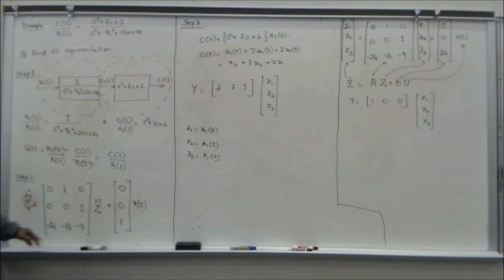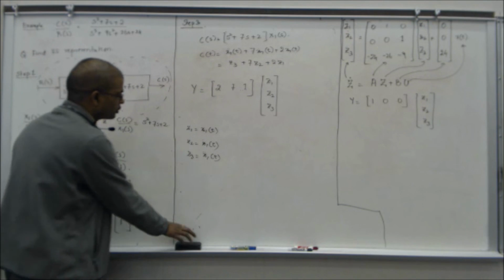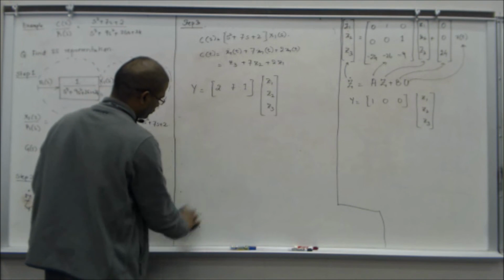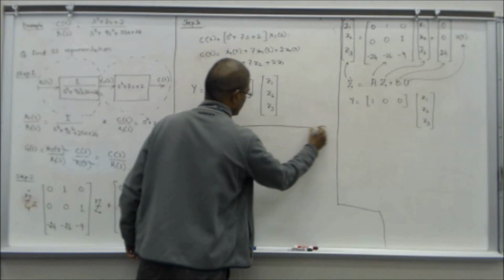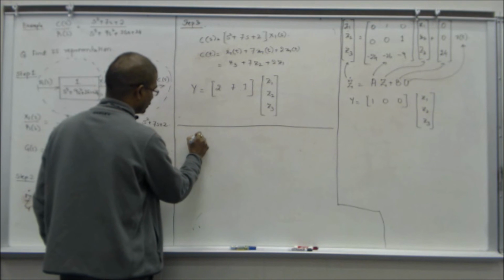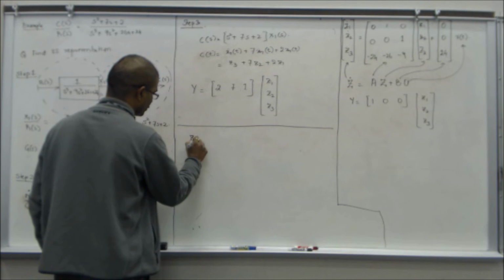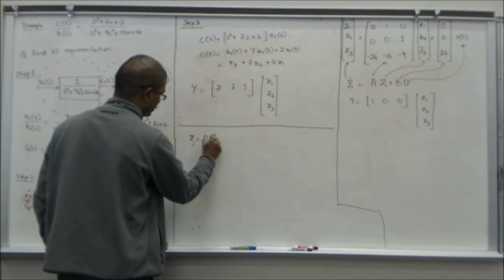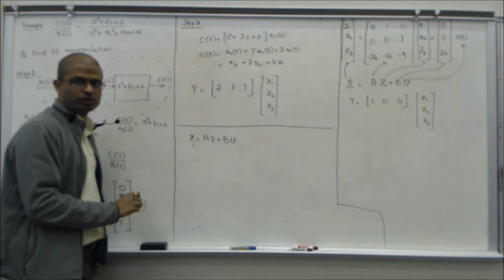Right. This is the state equation. This is the output equation. So you're actually this whole system. So you have this, right? What is our general state space representation? Z dot is equal to AZ. I hope you are not confused when I use X and Z interchangeably, right?